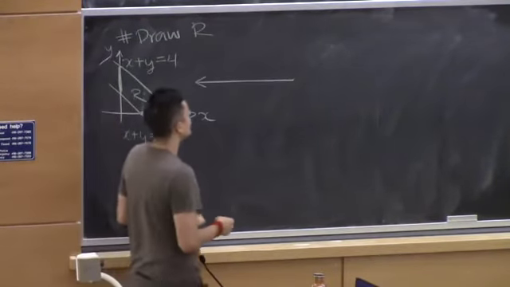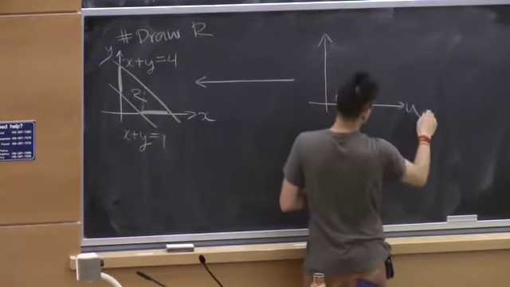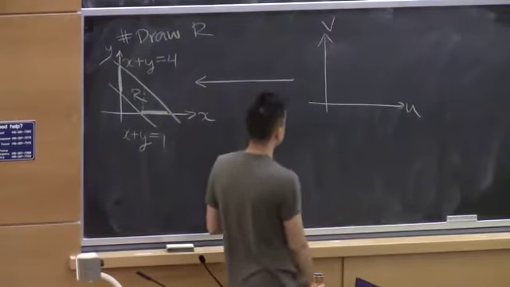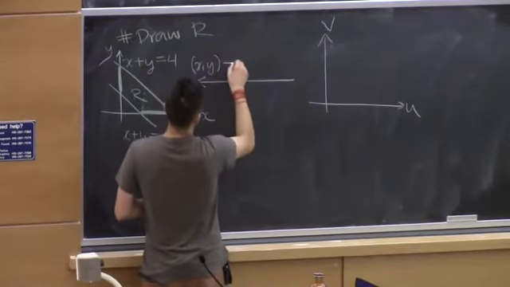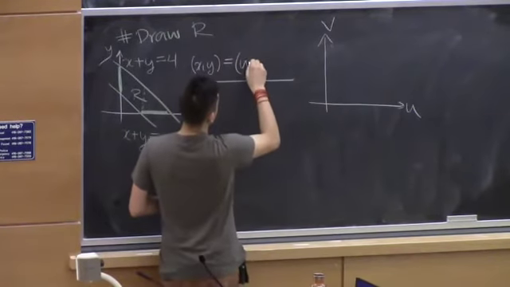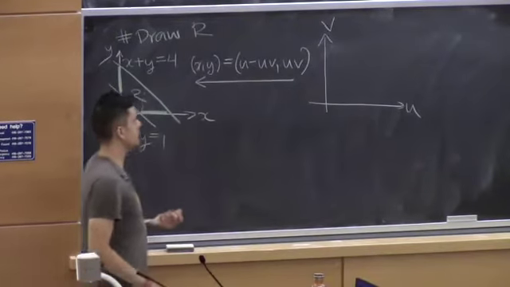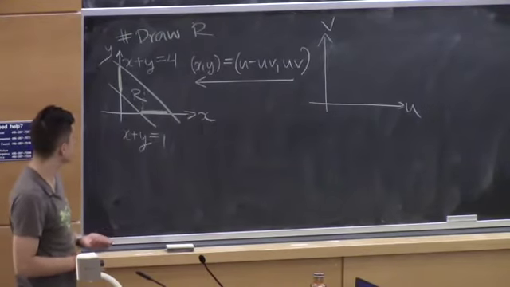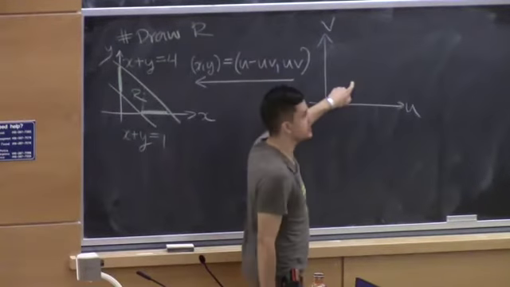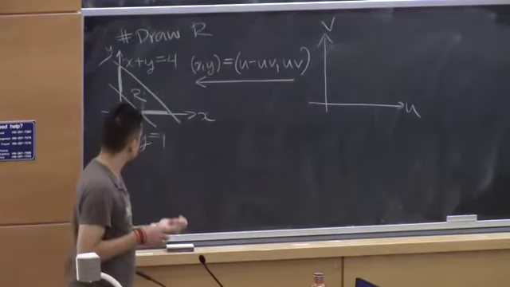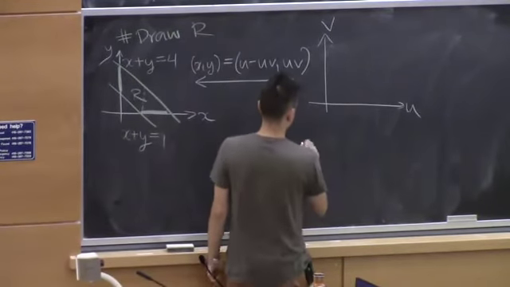So what in UV gets sent to those guys via the map (u - uv, uv)? We have to find the region that gets sent onto these guys. So one nice thing is that we can use these formulas here.